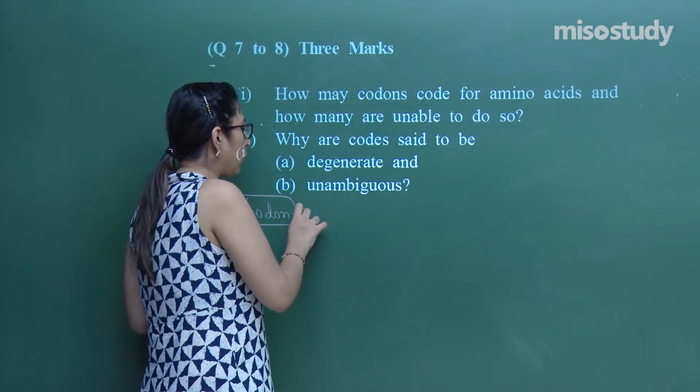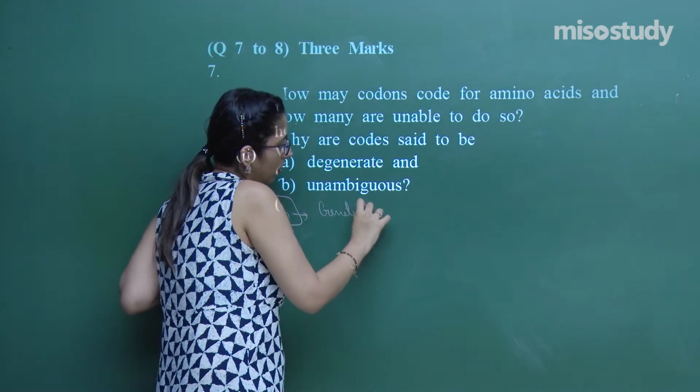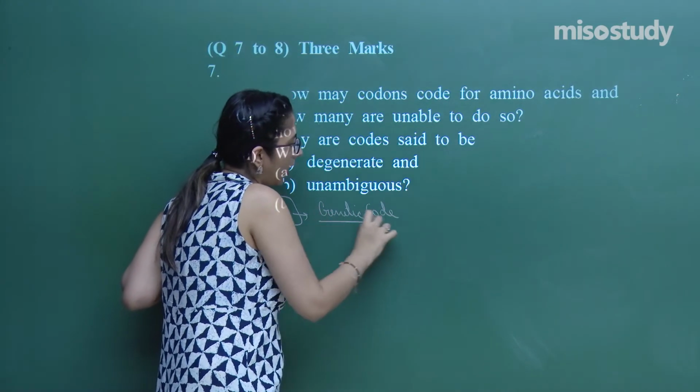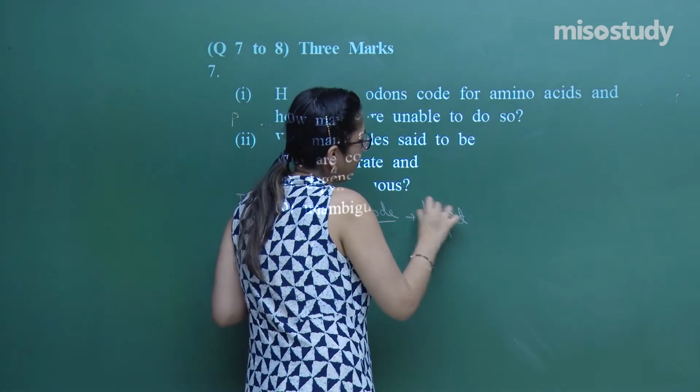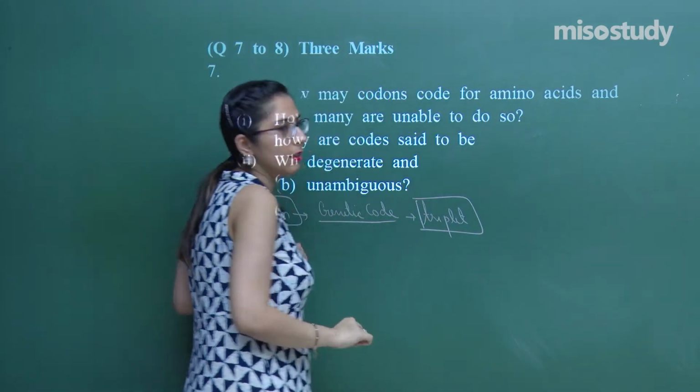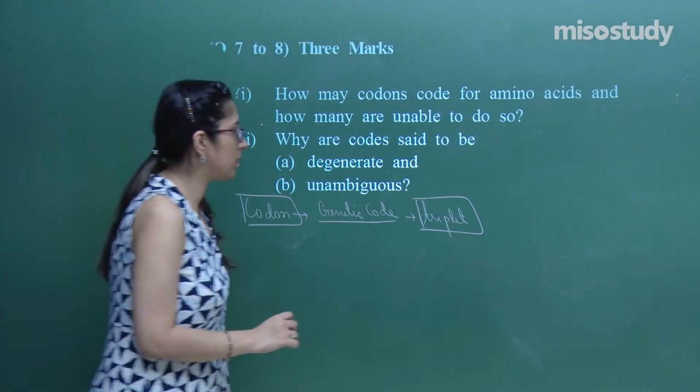In the genetic code, I have discussed that a triplet codon is there. Triplet codon means 3 nucleotides code for 1 amino acid.